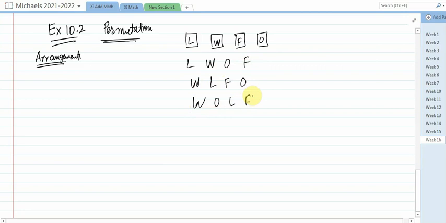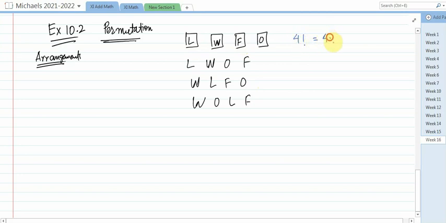Alright. So the shortest method, let's suppose there are 4 letters. If we have 11 characters, then how are we going to find the number of arrangements? So if you have 4 letters, the answer will be 4 factorial.